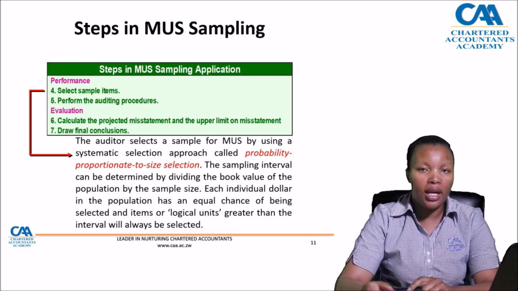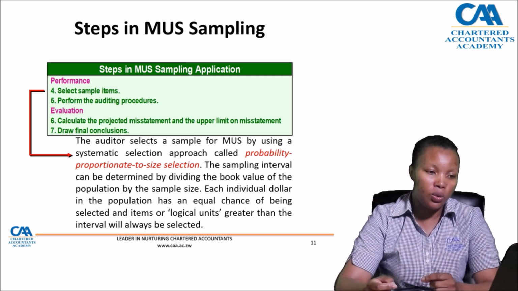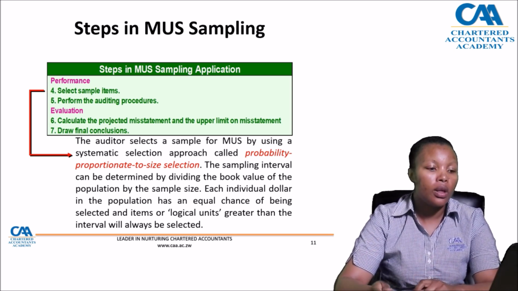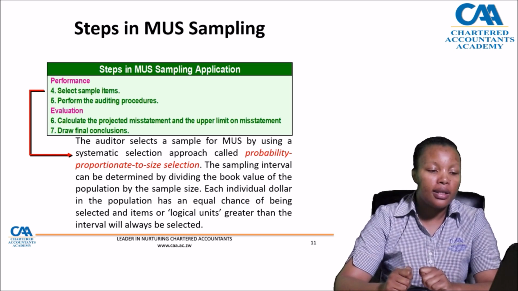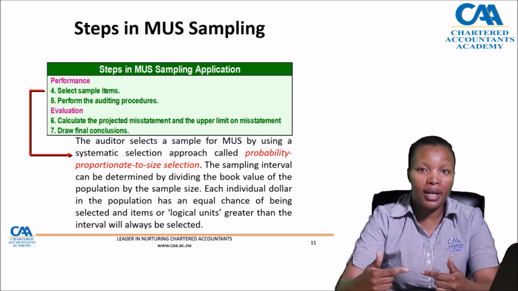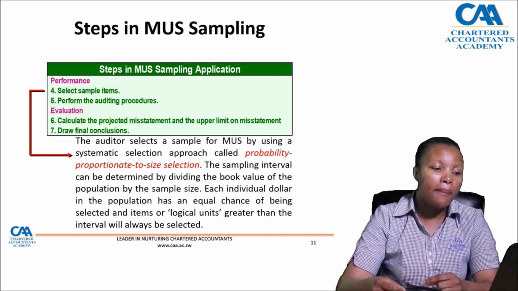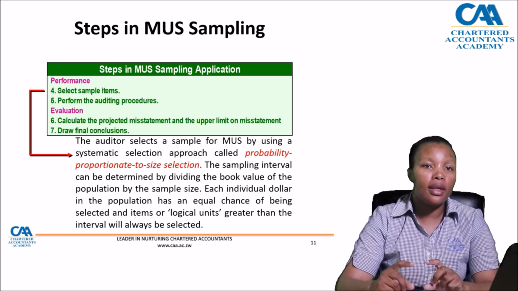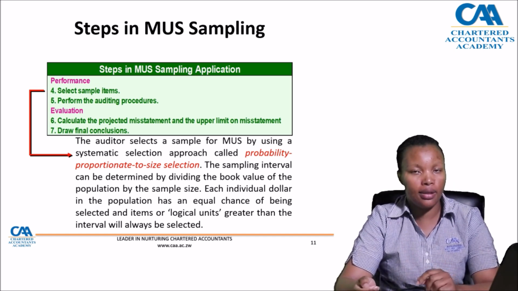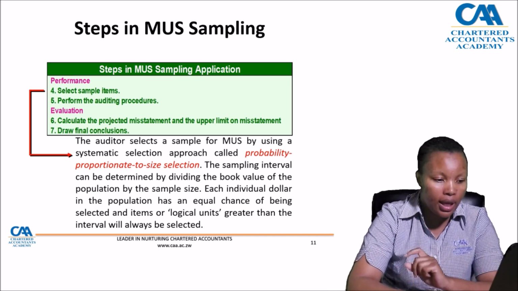Each individual dollar in the whole population has an equal chance of being selected where you use probability proportionate to size selection. Logically, because each monetary unit, each dollar, has an equal chance of selection, debtors with higher amounts are going to have a higher chance of being selected. That's logical, because every dollar represents a unit.